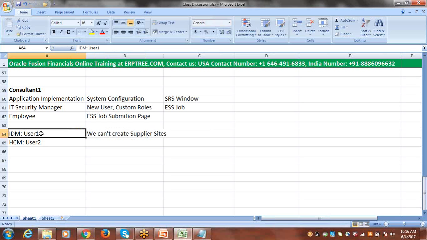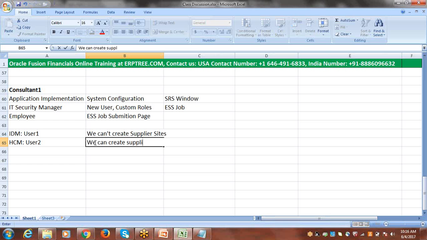That means with an implementation user you cannot create the supplier site. You can create supplier sites only if your user is created from HCM, meaning an employee user. HCM user means a real user, an employee. So only for employees do they give the provision to create supplier sites.